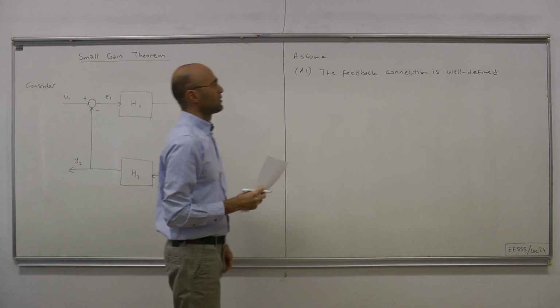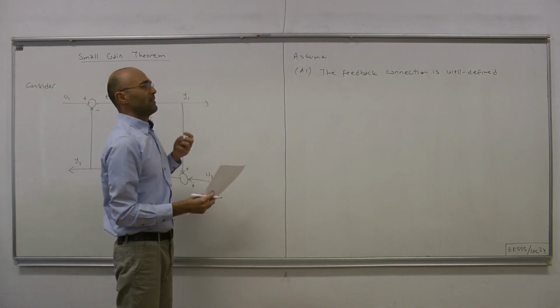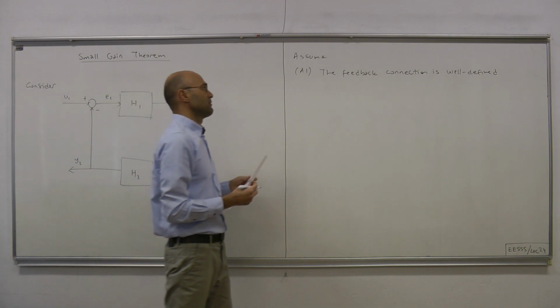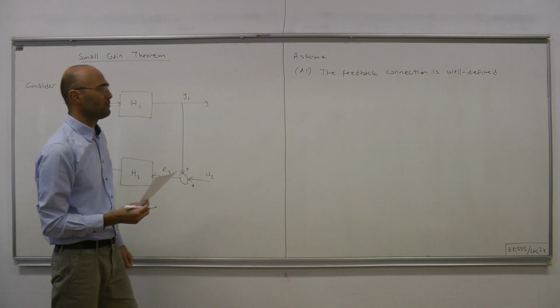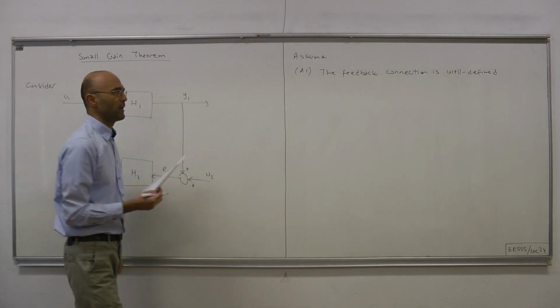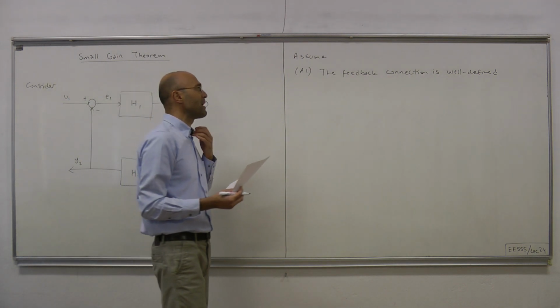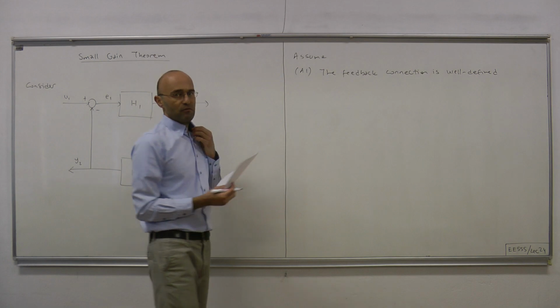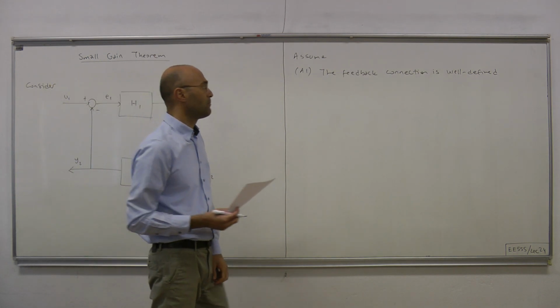So we don't want things like algebraic loops. If you have some experience with simulating, every once in a while one makes a mistake and MATLAB gives you the warning that there's some algebraic loop somewhere, which means that the feedback connection is not well defined. So we're assuming that the feedback connection is without any problem.